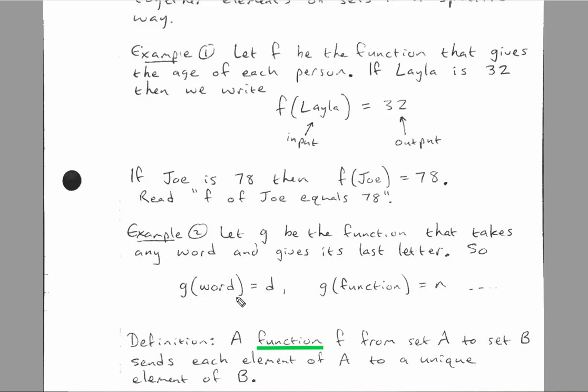So if you give this function this word as input, it gives you back the D. For this word, it gives you back the last letter N. Maybe those are confusing examples. g of cat.